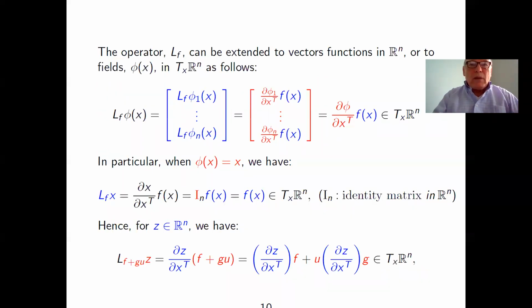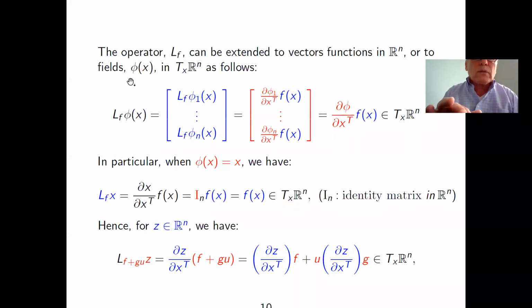So remember, our objective is to discretize in an exact manner that nonlinear system. We can extend this operator, which so far has been acting on scalar functions, to vector functions. So L_f does not have to be constrained to act on scalar functions of the state.